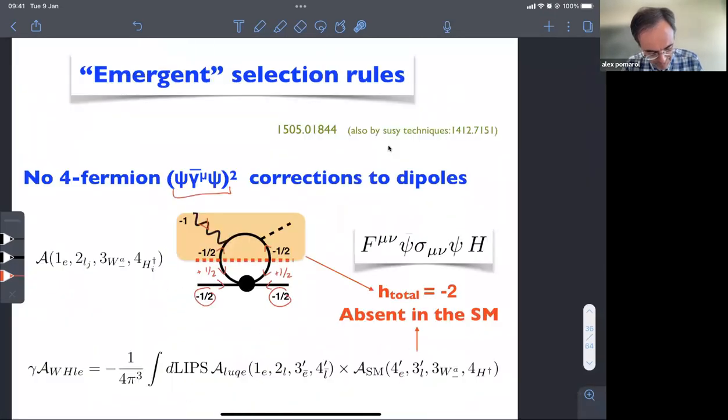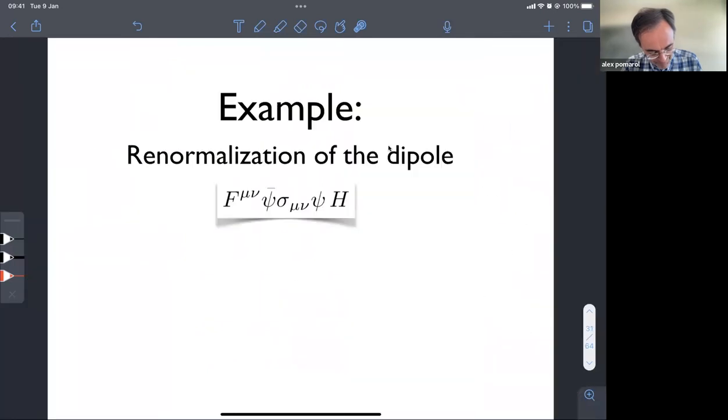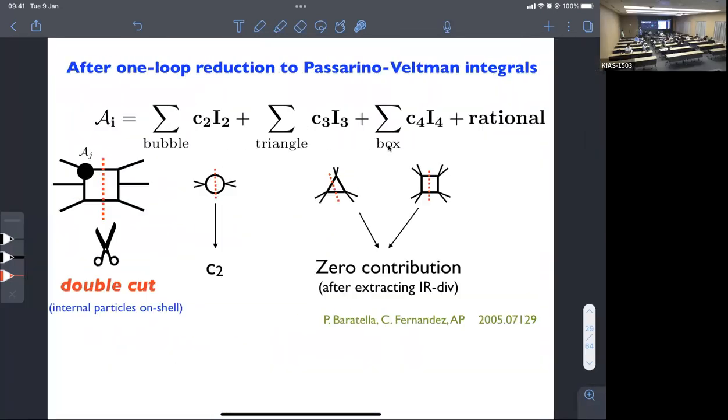The final states, two fermions in the final states. But for g minus 2, you make a 90-degree rotation.